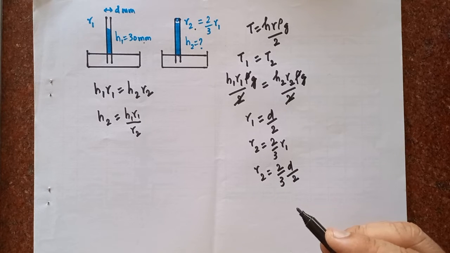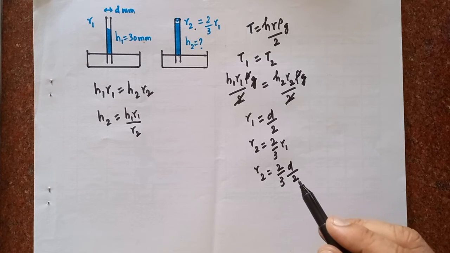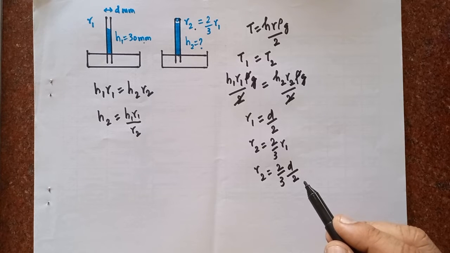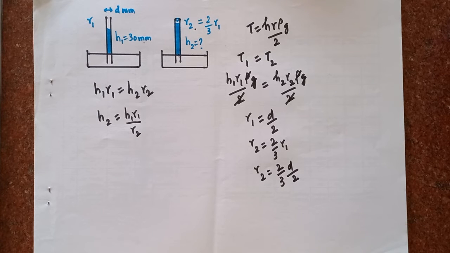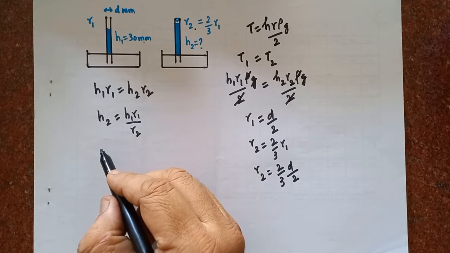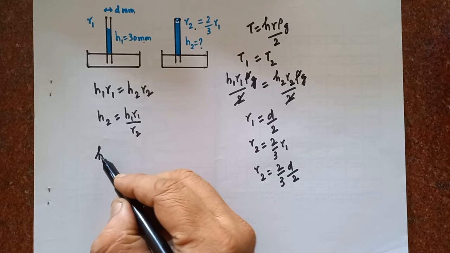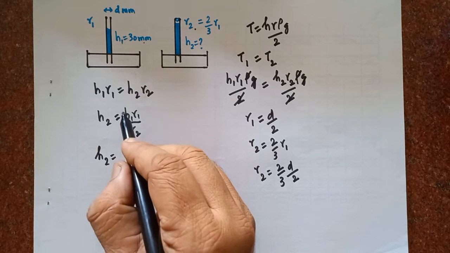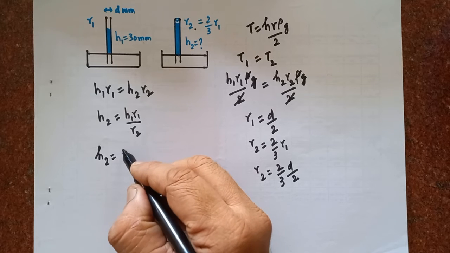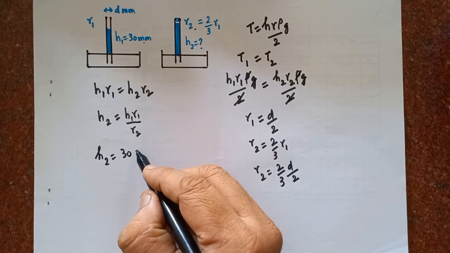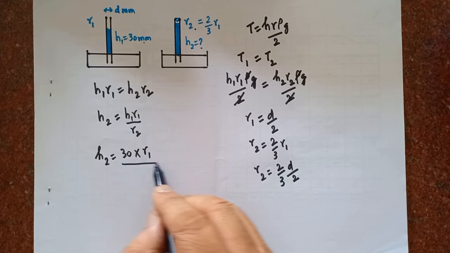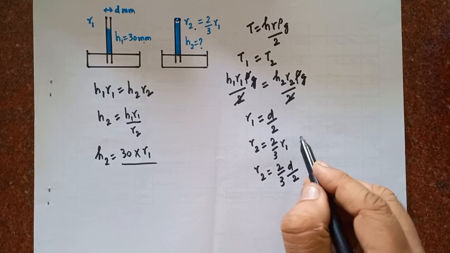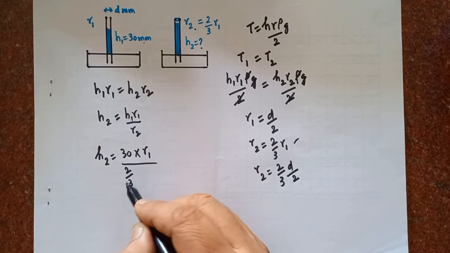Can you understand? So here, substitute the formulas, and you will get the answer very easily. Are you clear? Here substitute the required values. H2 is equal to height in the first case, 30 millimeter, into R1 as it is, divided by, instead of R2, substitute 2/3 of R1.